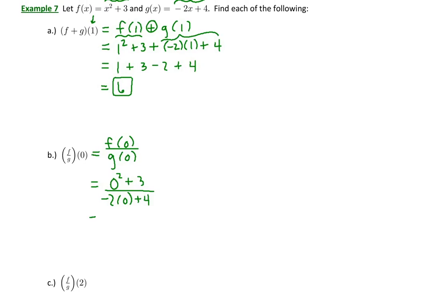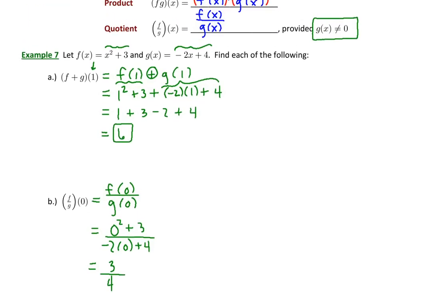So in the top, we have 0 squared, which is 0, plus 3. That's going to give us 3. And in the bottom, we have negative 2 times 0, which is 0, and 0 plus 4 is 4. Notice the output of our denominator is non-zero. We got 4 in the denominator. We didn't get 0.